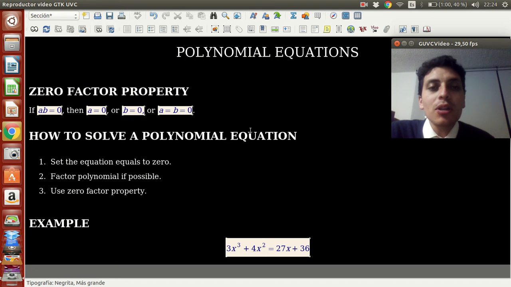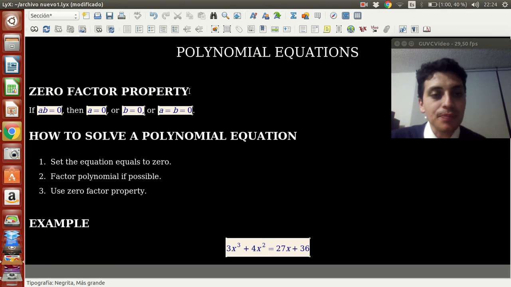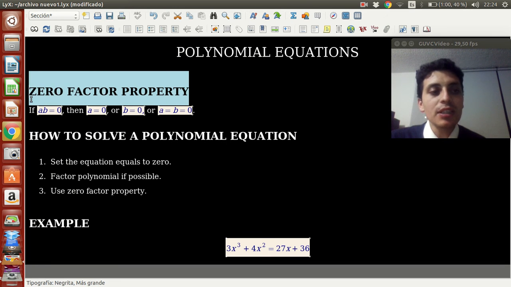To solve one, we just need to know one rule, the zero factor property. It establishes that if you have a multiplication of two factors, a times b equals 0, then a equals 0 or b equals 0, or both at the same time.